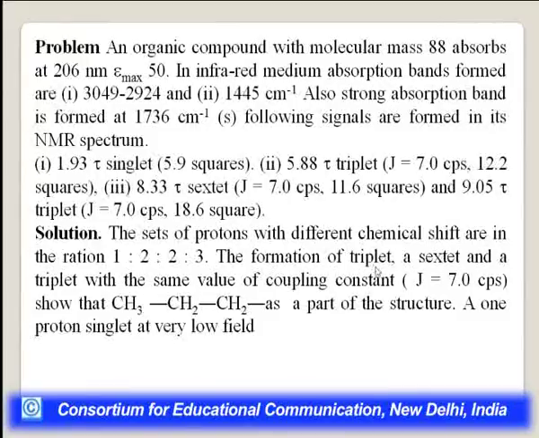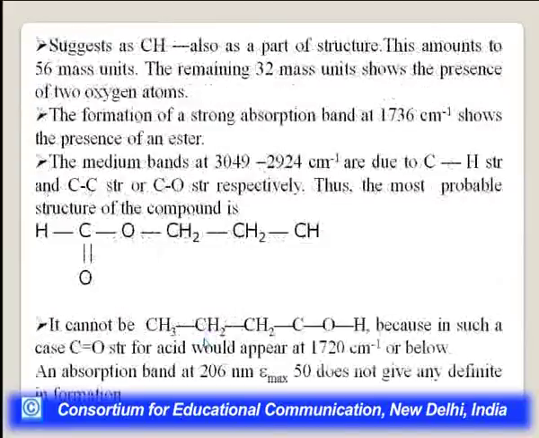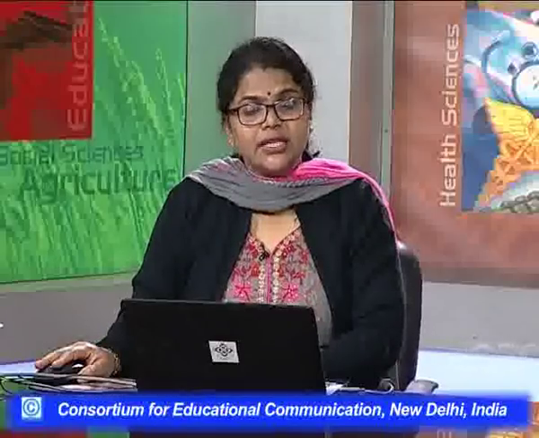The formation of a triplet, a sextet and a triplet with the same coupling constant, that is 7, 7 and 7, shows that this moiety can be a part of the structure, and the one-proton singlet at very low field suggests CH also as a part of the structure.